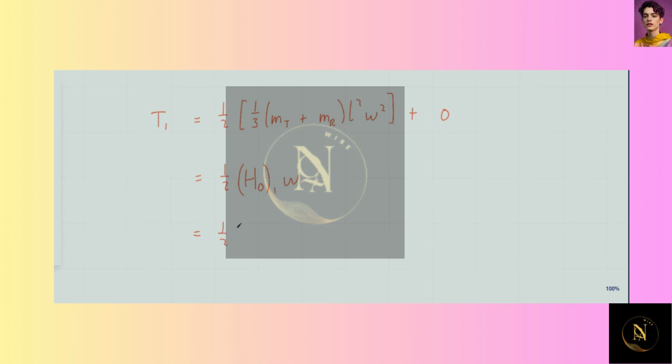That's a half times the value of the angular momentum, which we calculated to be 10.6667, times the angular frequency of 5. Hence we get the kinetic energy in the first state when x is equal to 0 to be 26.667 joules. And we also know that V1 is equal to 0. So that was state 1.